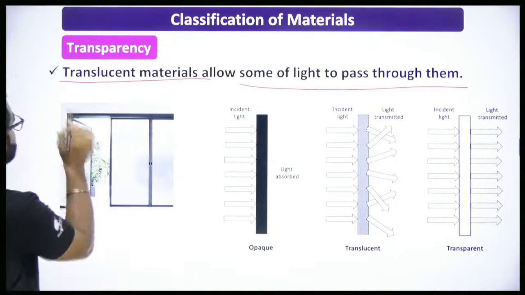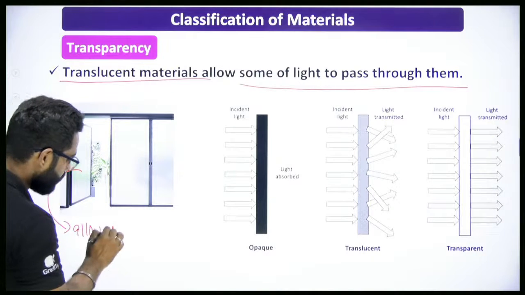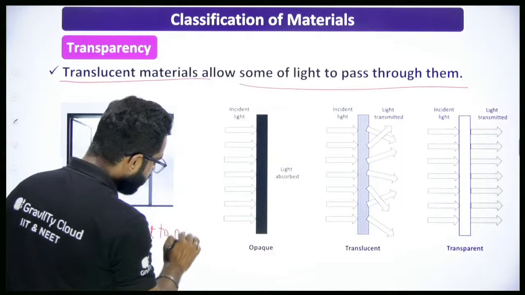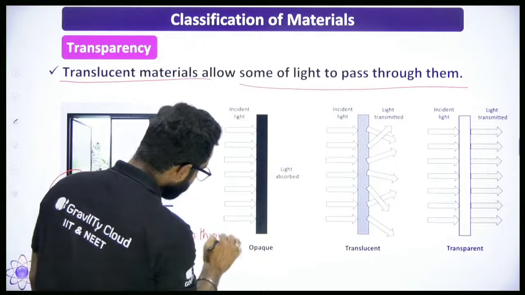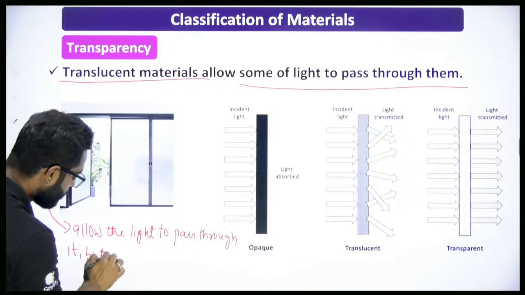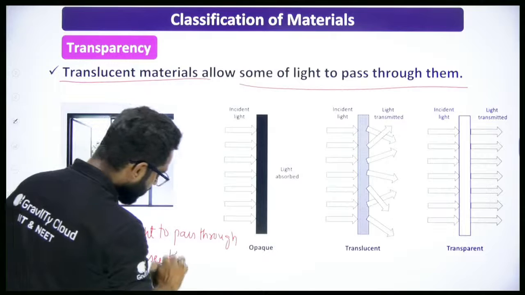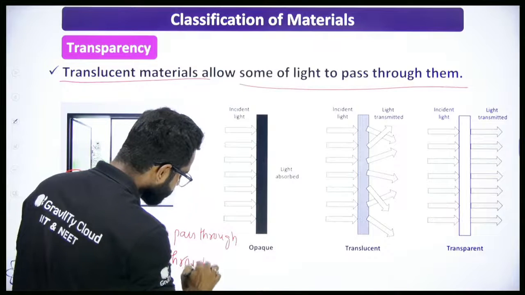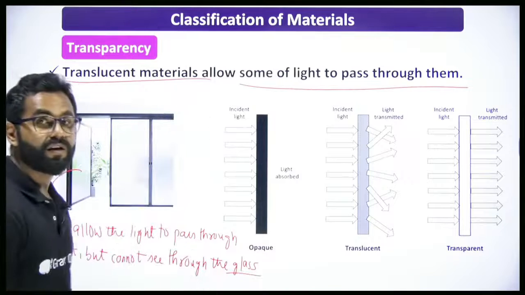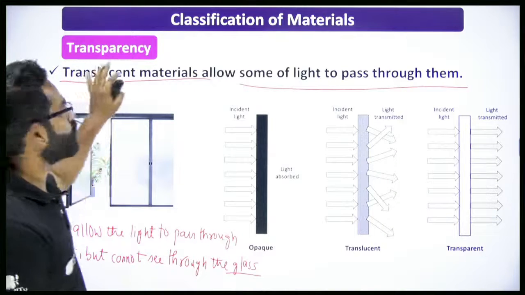So I can write it here that this glass allows the light to pass through it, but we cannot see through the glass. Still, they will allow the light to pass through it, right? So such kinds of glasses are called translucent materials.